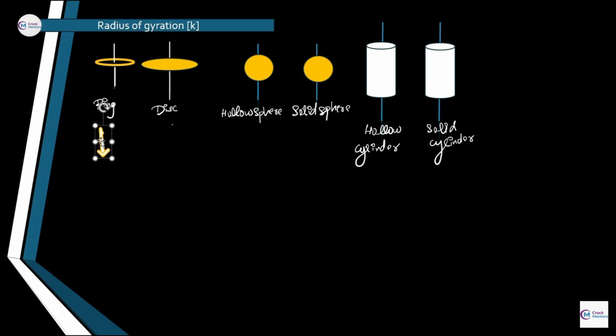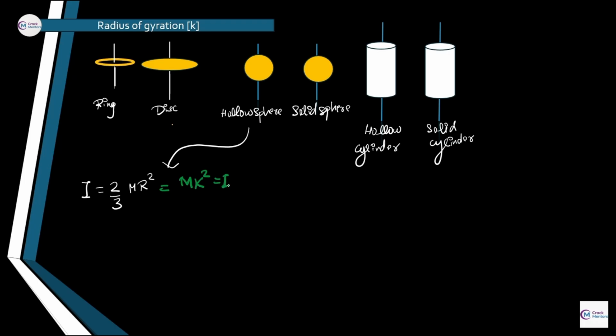Just give me a time, I'm copying this slide. Okay, now it has been done. For the hollow sphere, the moment of inertia value is 2 upon 3 mr square. I have equated it with the general moment of inertia, which is equal to mk square.